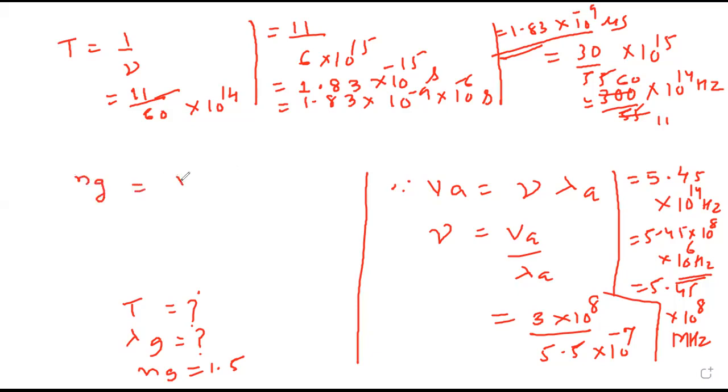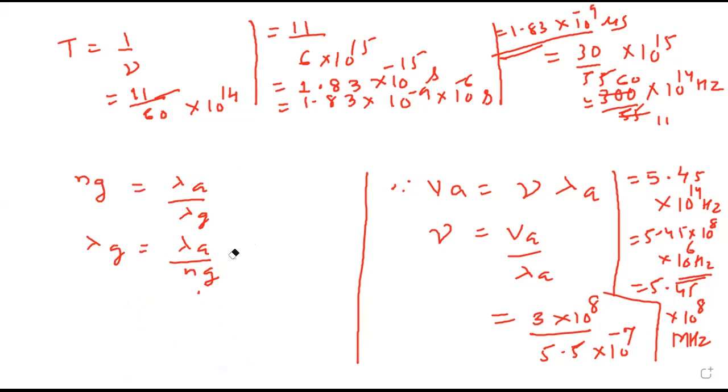The refractive index of glass is lambda A upon lambda G. Lambda G is lambda A upon refractive index of glass. Lambda air is 5.5 into 10 raised to minus 7.